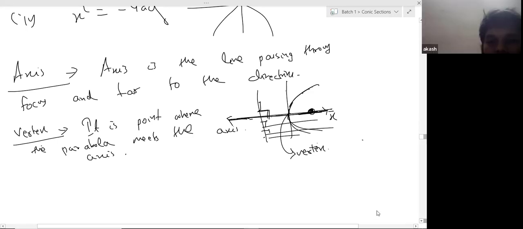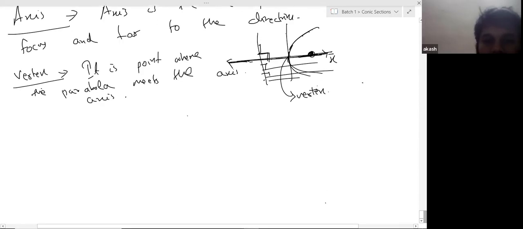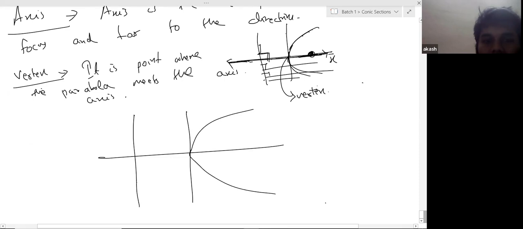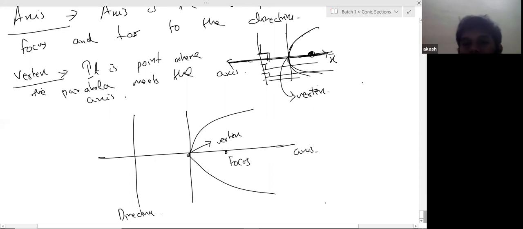Now, if I have to draw a single diagram and explain everything, this is the directrix. This is the focus. This is the vertex. This is the axis. These four things you need to know.